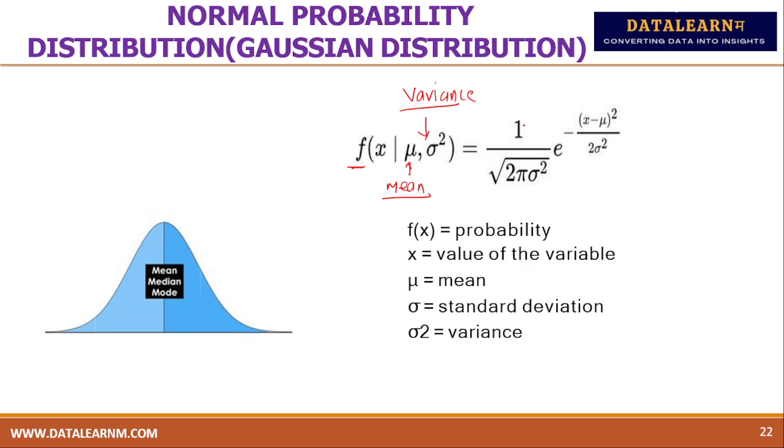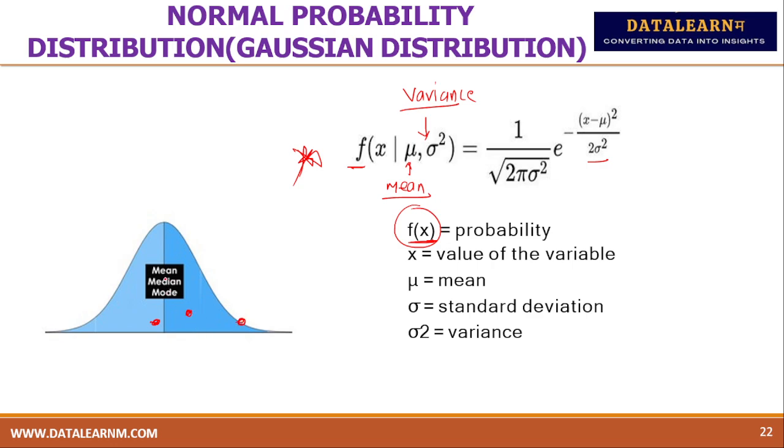And the formula is 1 upon the square root of 2 pi sigma square, e raised to minus (x minus mu) square over 2 sigma square. Obviously, there is no need to remember this one. But if you want to find the distribution in the backend, it is using this formula. Everything is included over here. You can see the function gives you the probability of lying in that particular region, the probability that this point will be here.